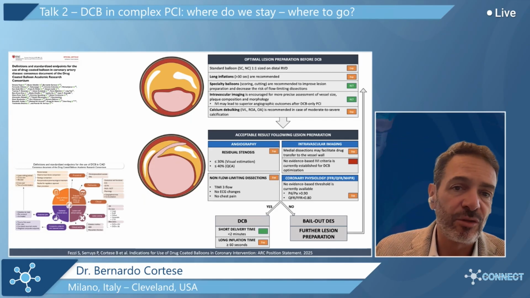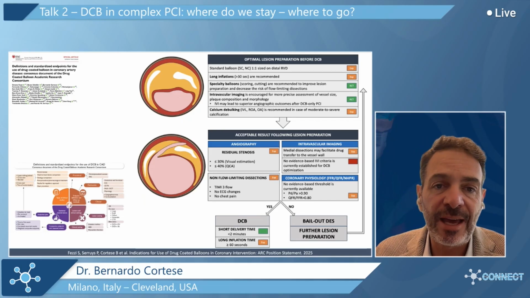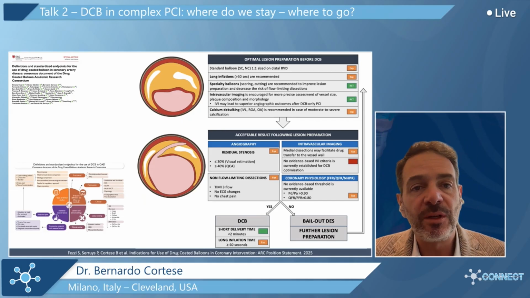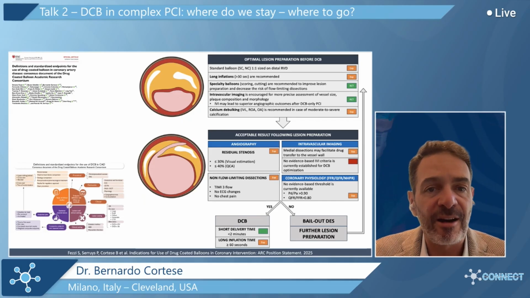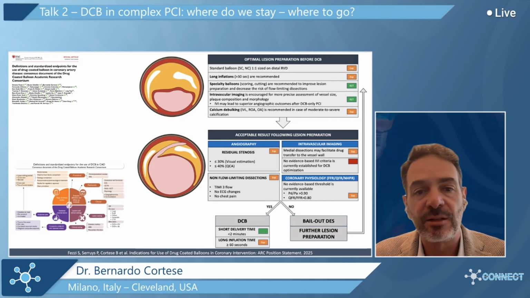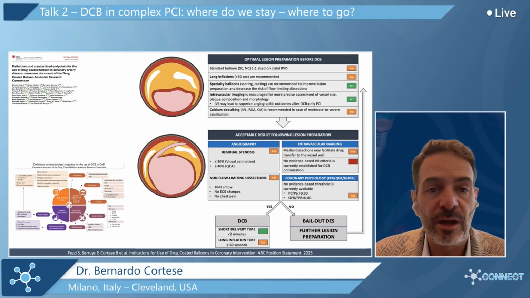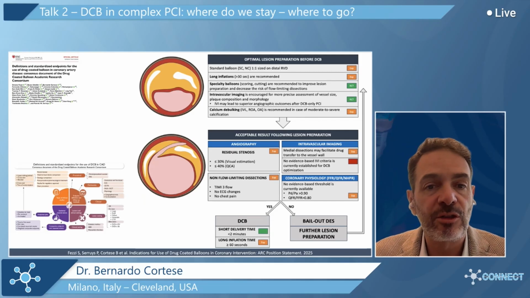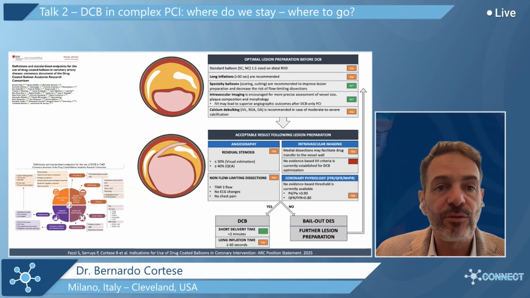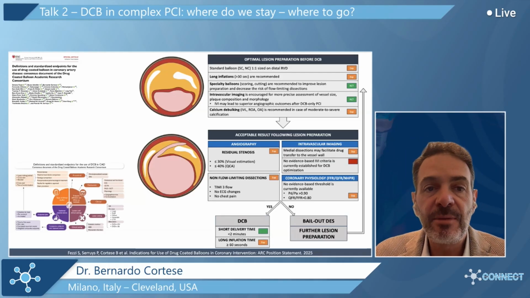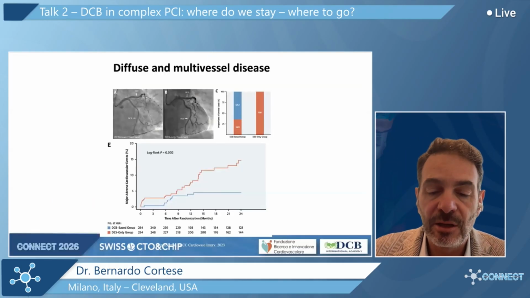Because so far we had, in the majority of cases, small studies with surrogate endpoints, so not that hard, not that scientifically relevant. And the other thing, which is very important, is on how we should pursue a DCB angioplasty, because it's all about that. We have to prepare the lesion correctly. Then DCB is only the last part of it.